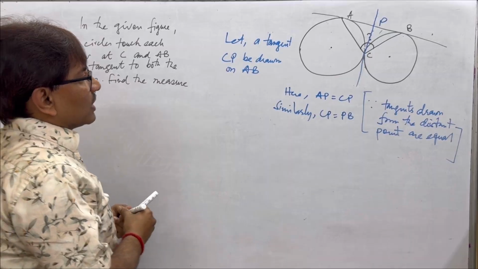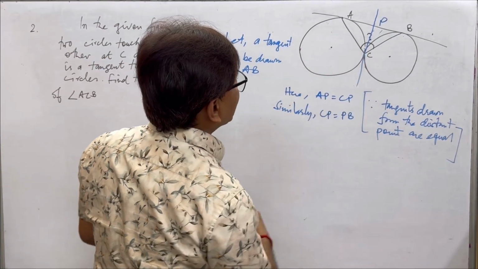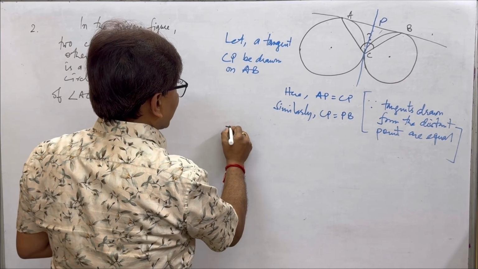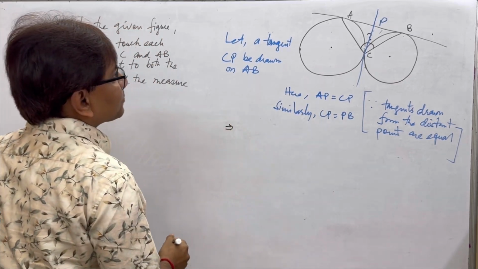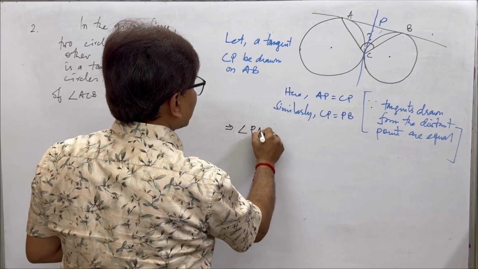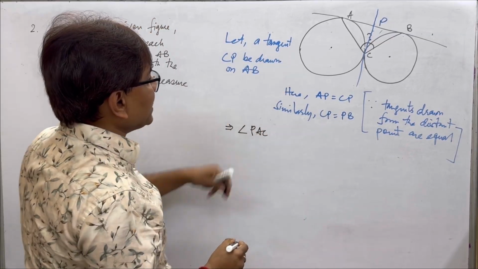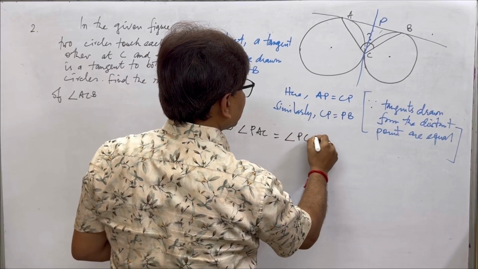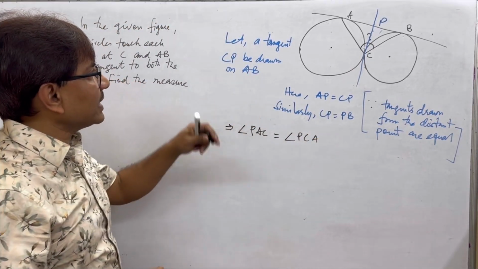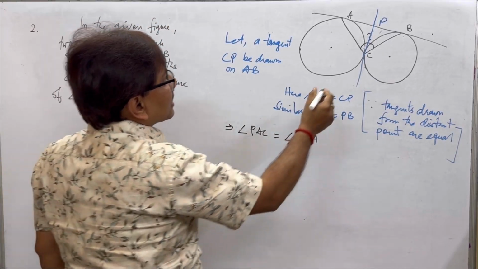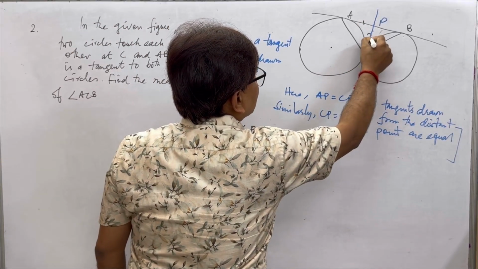Now follow the triangle APC. Therefore we can write, in triangle APC, angle PAC equals angle PCA. Why? Now from the triangle APC, this equals this.